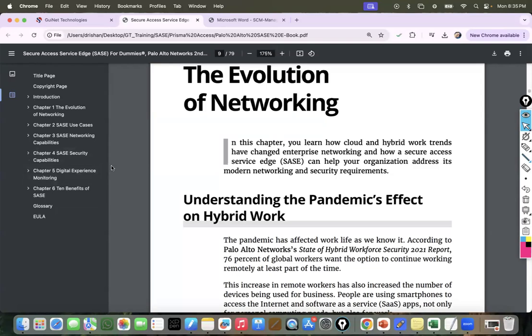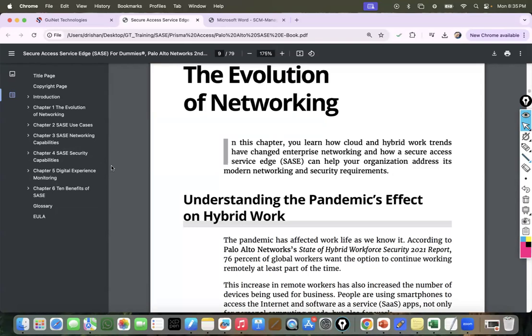This book is not going to show you what the configuration looks like, or a step by step lab guide. No, this book gives you the story. If you learn this story, it gives you clear direction on how things work in the corporate world in the SASE solution.